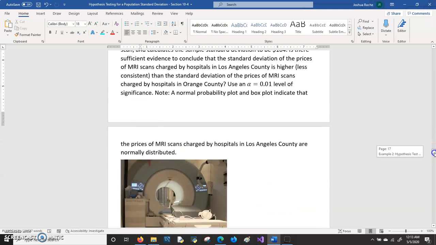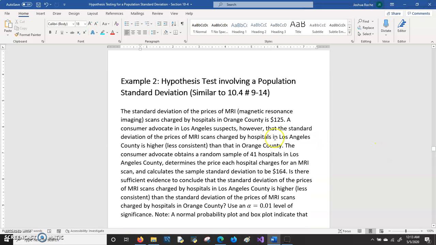So there are a couple things to note in the description of this. These researchers are comparing the standard deviation of prices in Orange County, which is $125, to the standard deviation of prices in Los Angeles County.